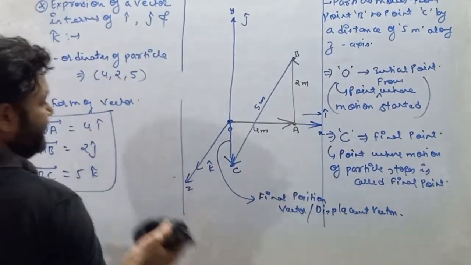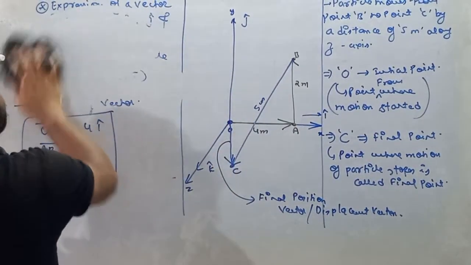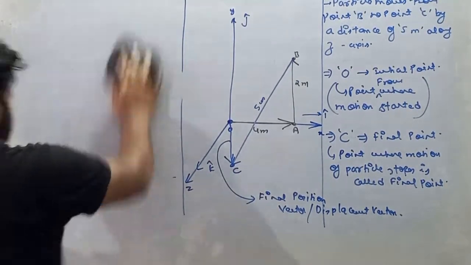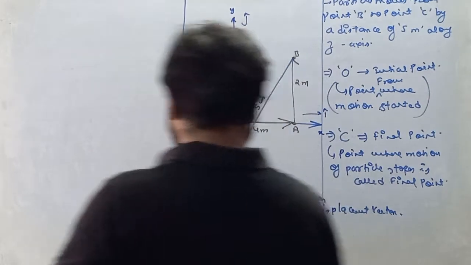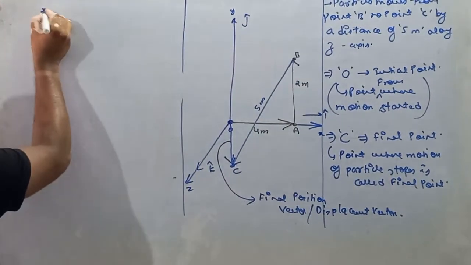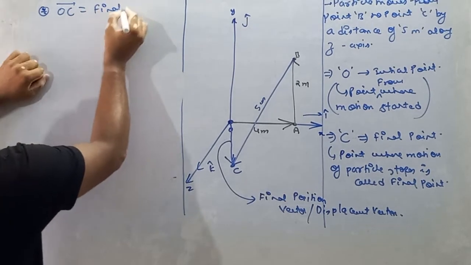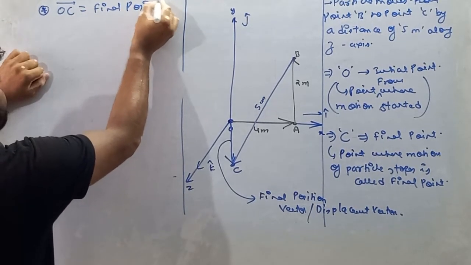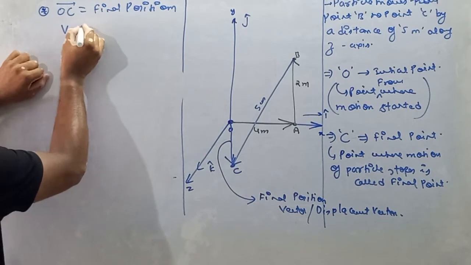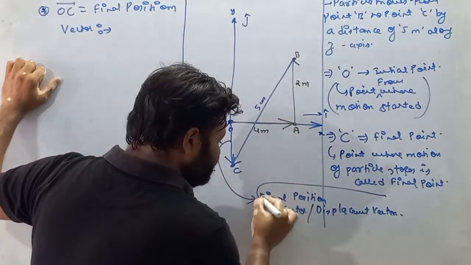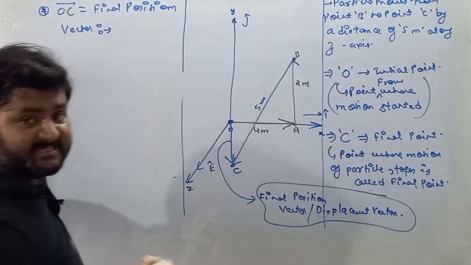So OC vector is basically the final position vector. And remember, final position vector is also called displacement vector.